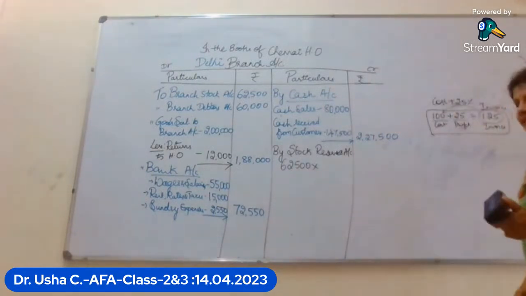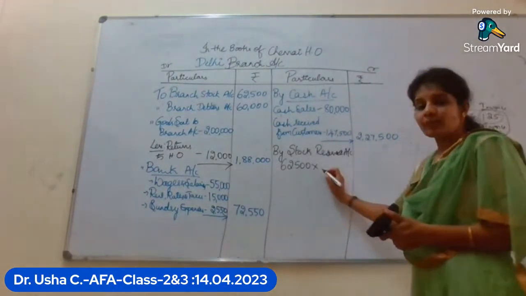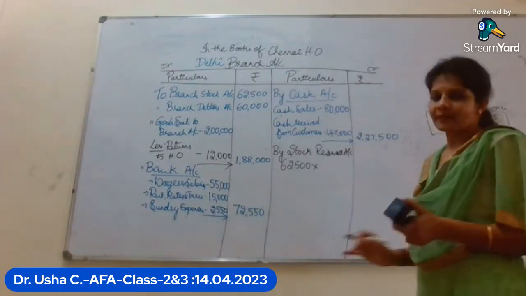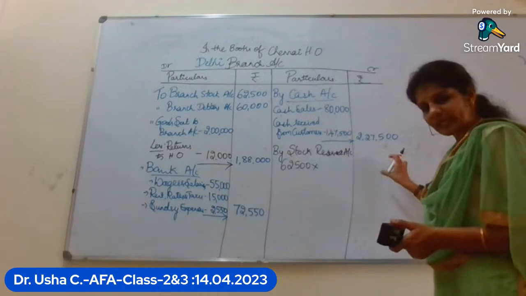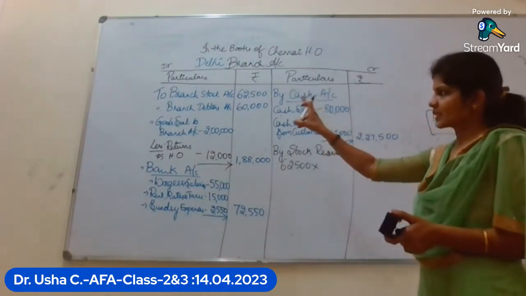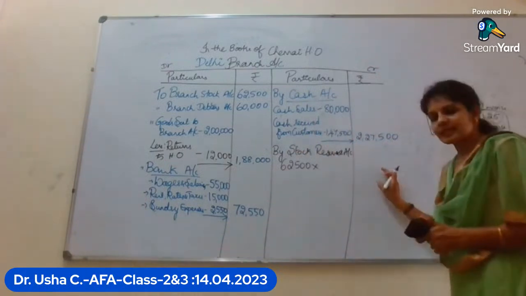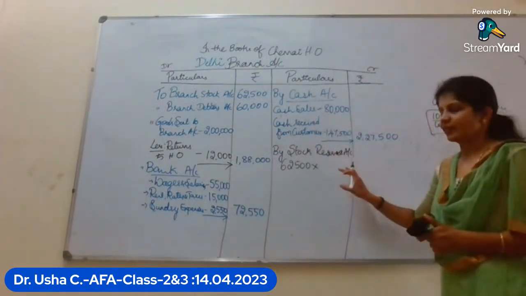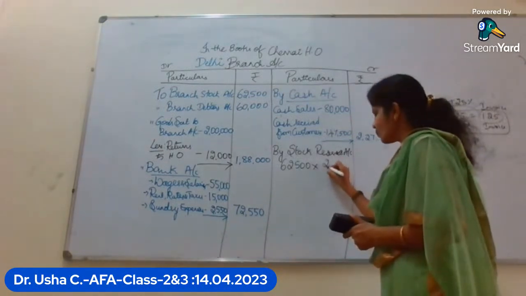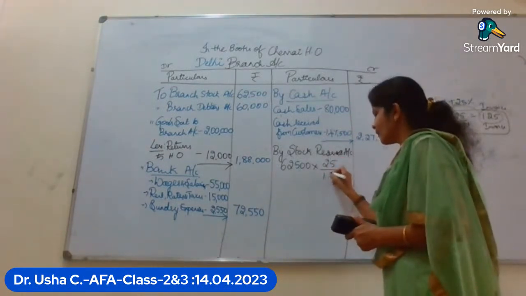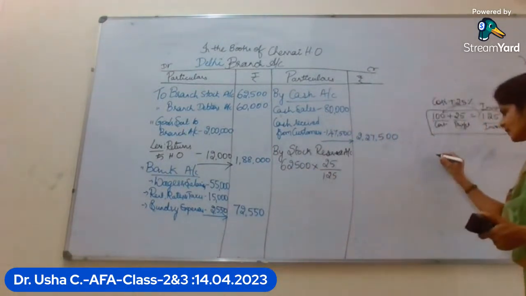At invoice price, which is 125%. But how much do we need now? We have to account only 25%. If we deduct only the loading amount, then 62,500 is 125%, the right side is 25%, and the balance of 100 rupees we are going to account. Understood? So we need 25 out of 125, the invoice price. So we can do it like this.